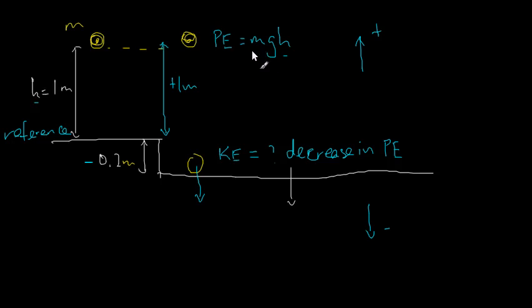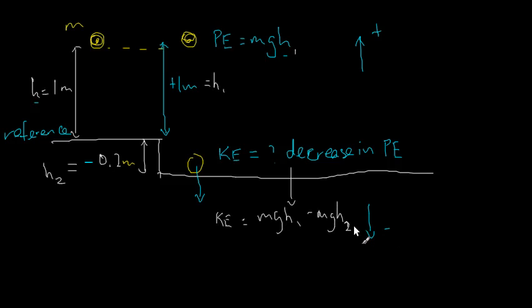We take the initial potential energy. If I call this height h1, and that height h2, all I need is to take the initial potential energy mgh1 minus the final potential energy when it's at height h2, so minus mgh2.